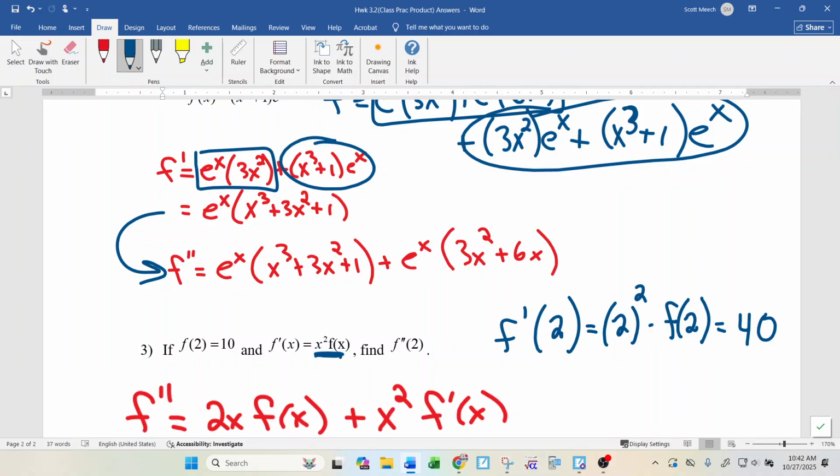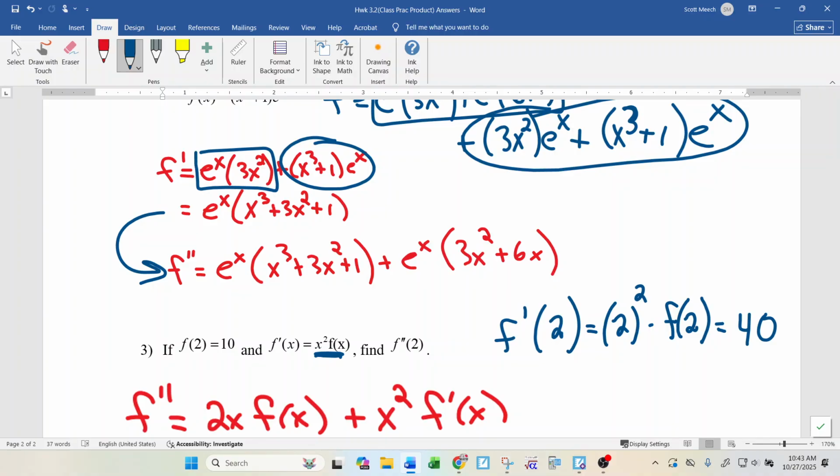Just pause there for a second and see if that makes sense. The first is x squared, the second is f of x. So derivative of the first, 2x, times the second, f of x, plus the first, x squared, times the derivative of the second, f prime.